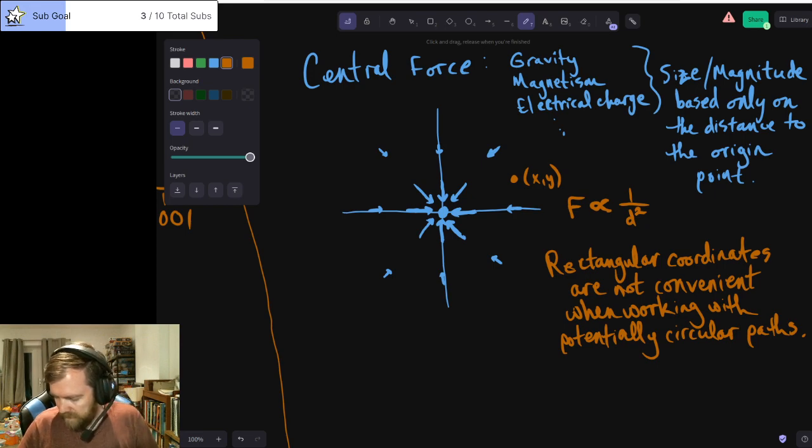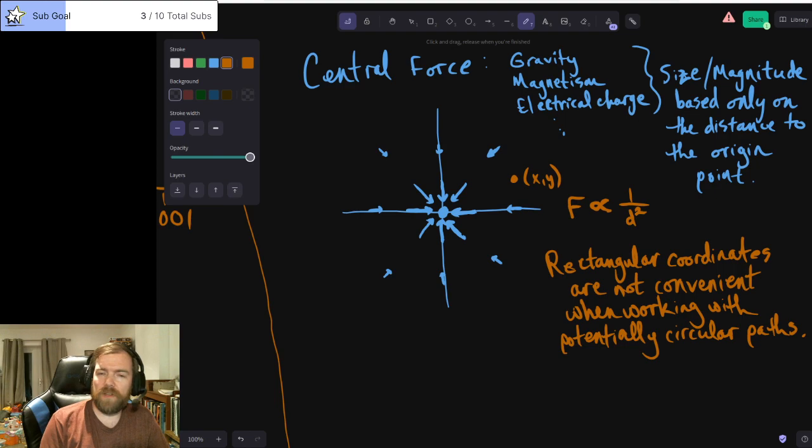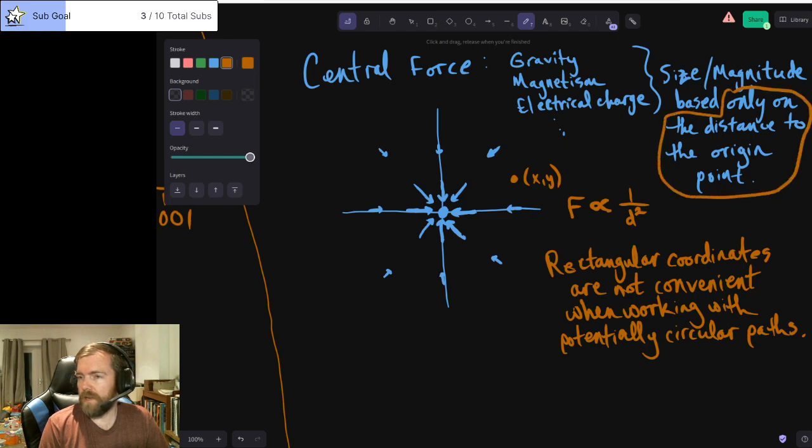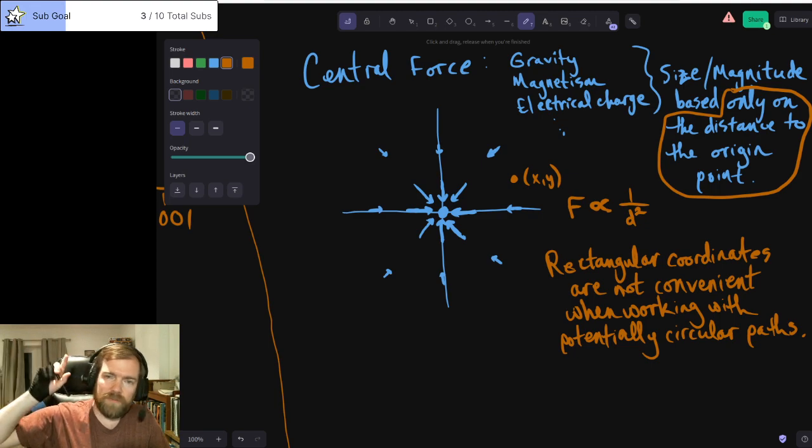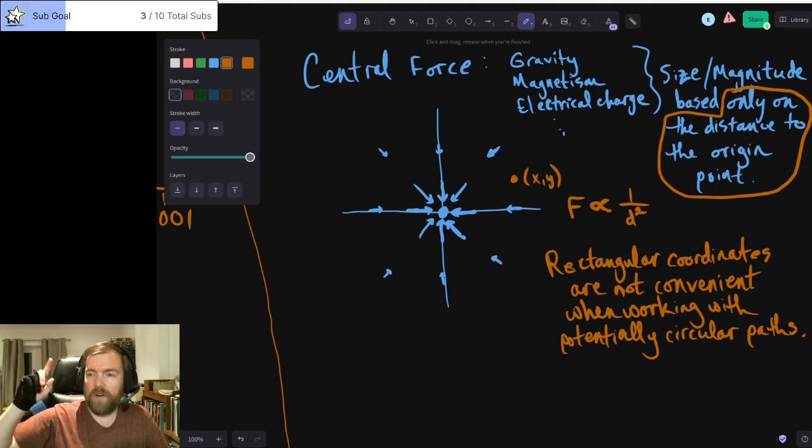Got any preferences? I like polar as an option. Yeah, and especially if we're doing something with potential circles, or due to the fact that the magnitude of these particular forces is only going to be based on the distance away from the origin.